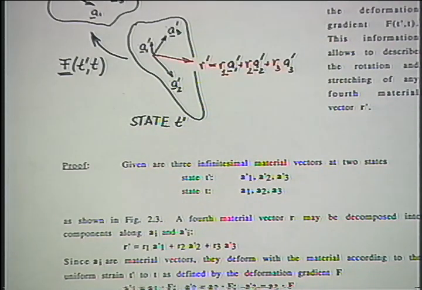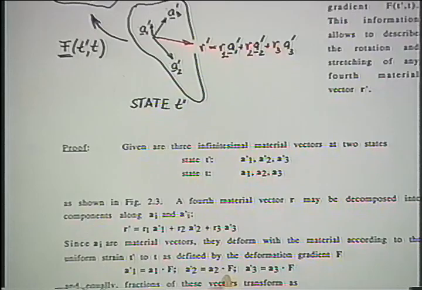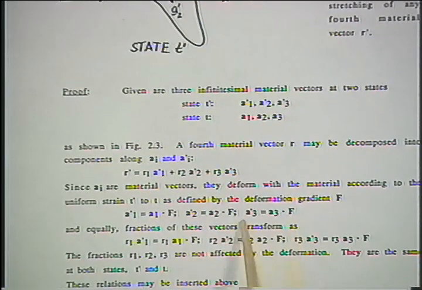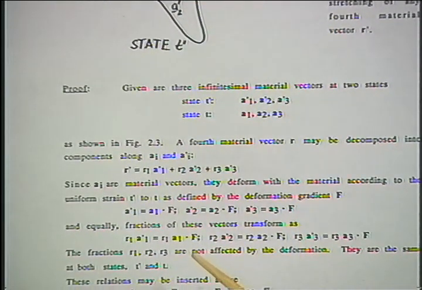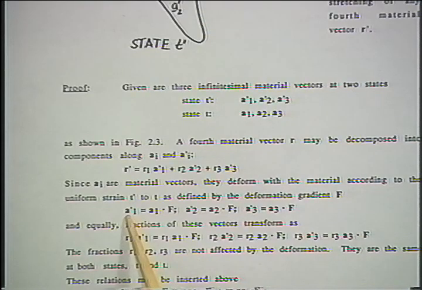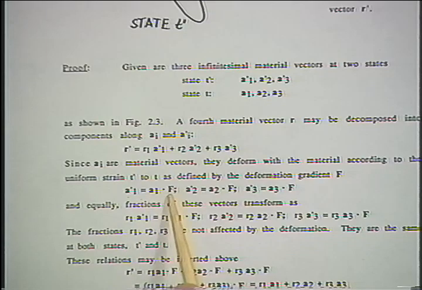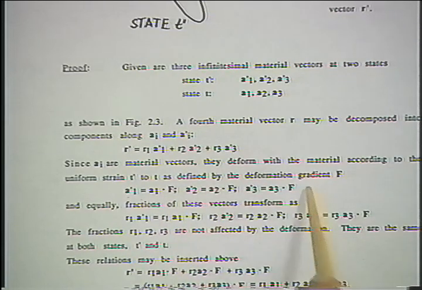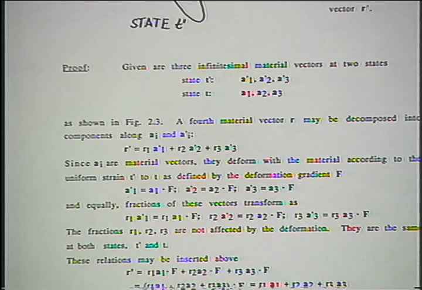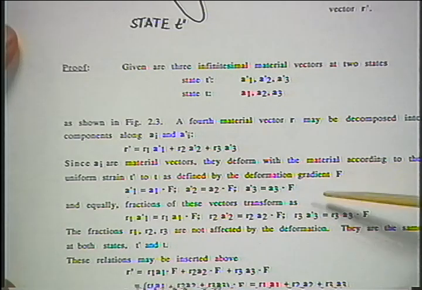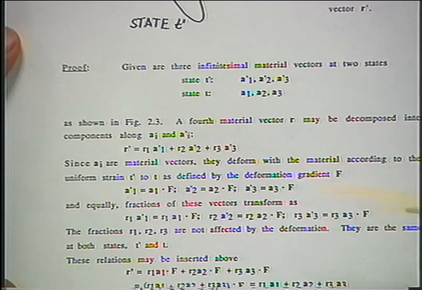And A2 prime is equal to A2 times F, and also with a third vector. F is really relating those. So if we know A1, A2, A3 at those two states, we can calculate F. We can determine the components of F when doing that. That's one aspect, and let's just leave that for the time being.